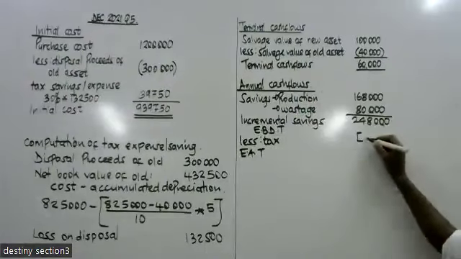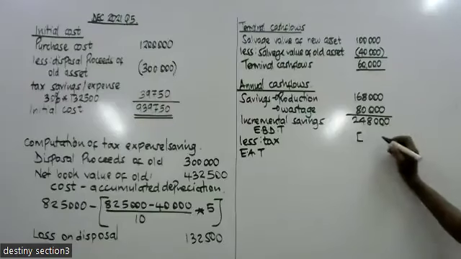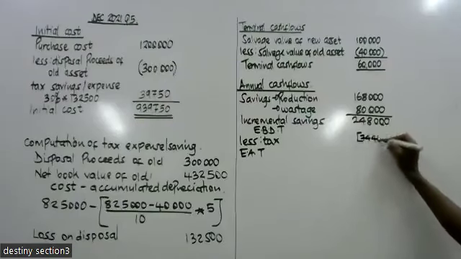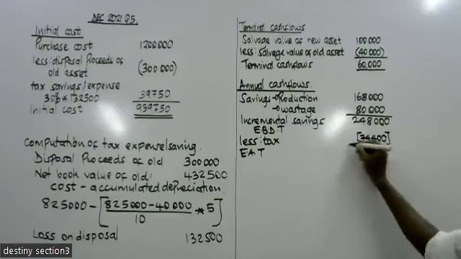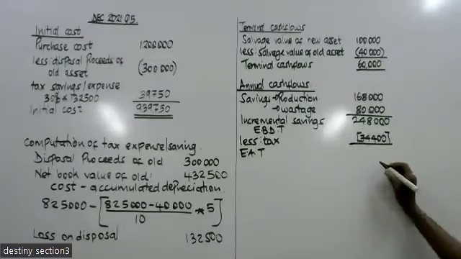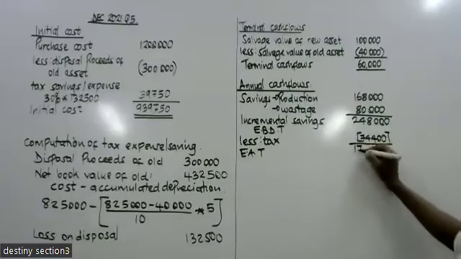How much are you taxing? What is 30% of 248? 74,400. Then less that, so earnings after tax is how much? 173,600.